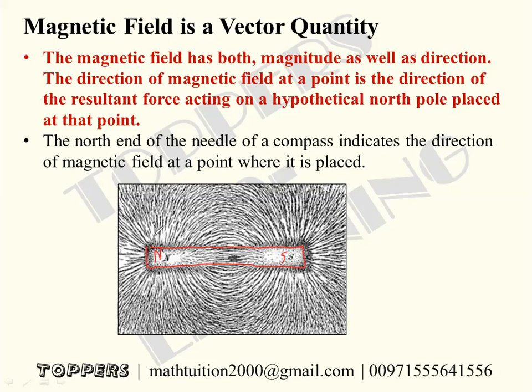Around this bar magnet, in the region around it, where the influence of the magnet takes place, that is attraction or repulsion, that region is known as magnetic field. Understood? So magnetic field has both magnitude as well as direction. The direction of magnetic field at a point is the direction of the resultant force acting on a hypothetical north pole placed at that point.